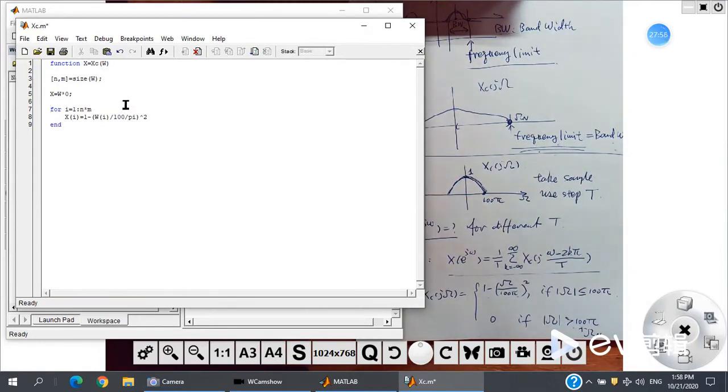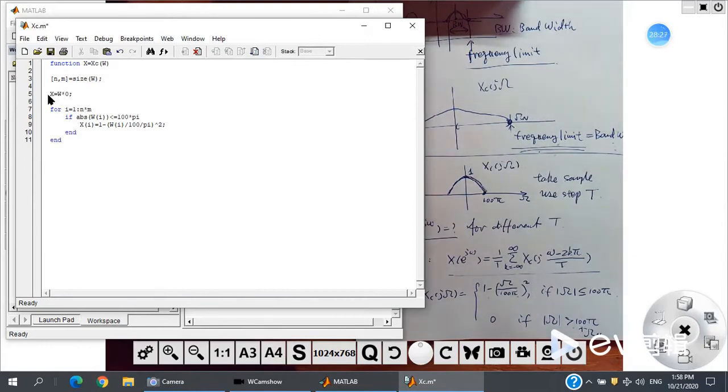Only if the absolute value of this omega is smaller than or equal to 100 times pi. If we have this condition, X of I will be this value, and otherwise it will be 0.